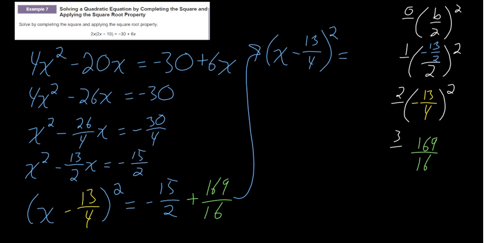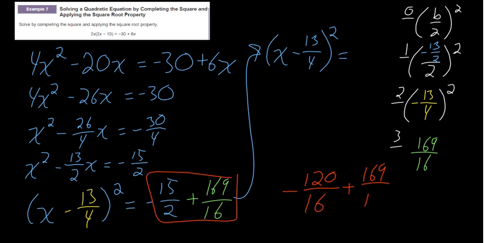Okay, so it looks like my common denominator there is 16. If my common denominator is 16, then this would turn into 120 over 16, right? So this would essentially be negative 120 over 16 plus 169 over 16.